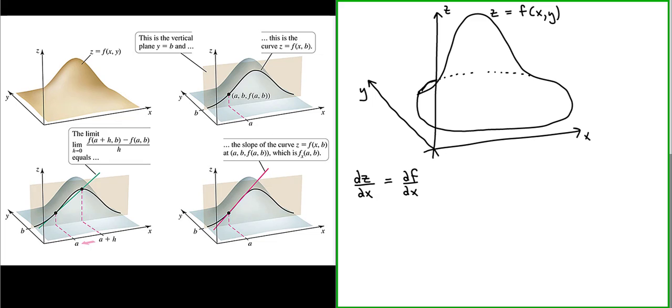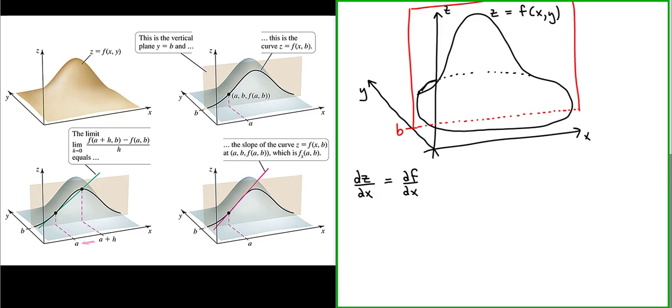So on our hill, let's just take a point in which we have y as a constant. So let's take a value of y equals b right here. And that value of y equals b describes a plane that is parallel to the z-x axis. So here's our plane right here.